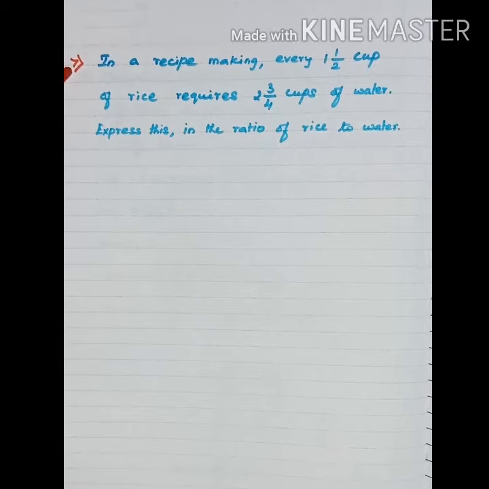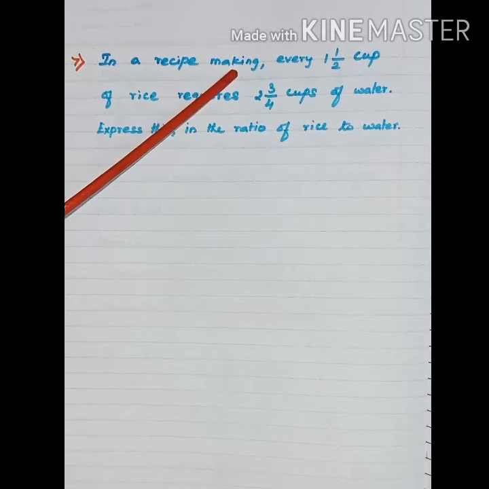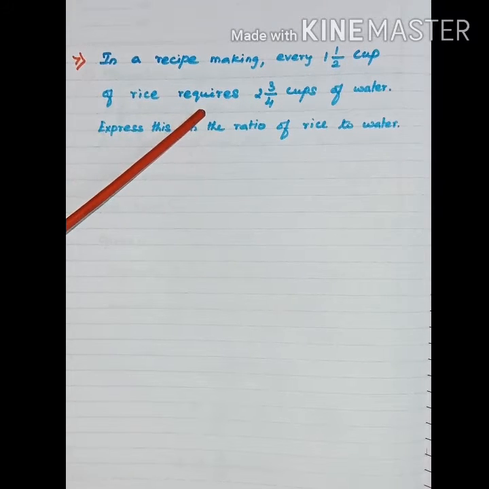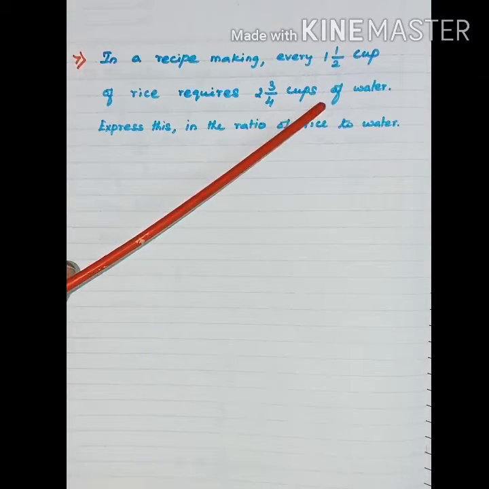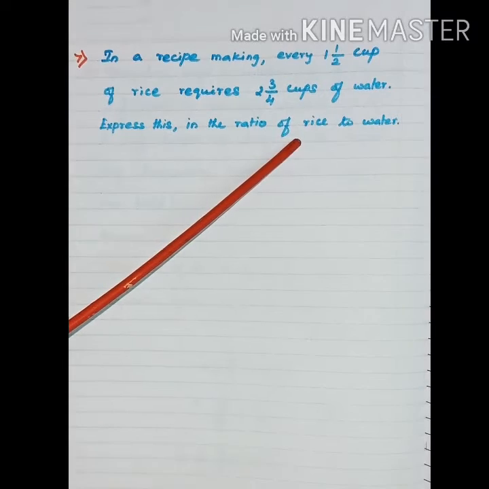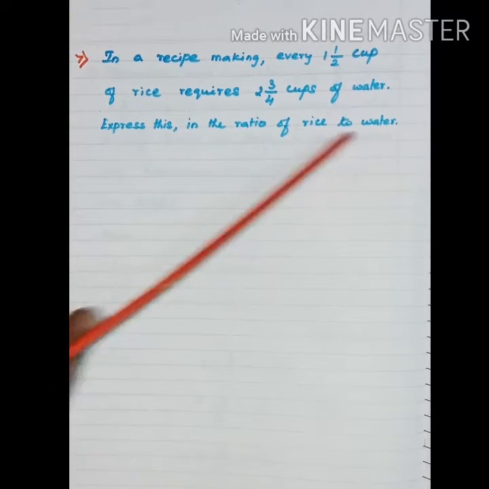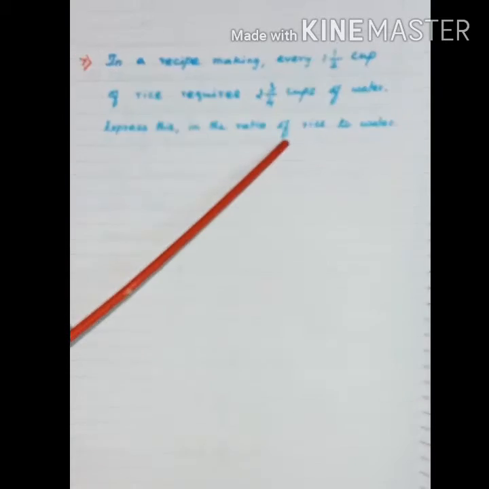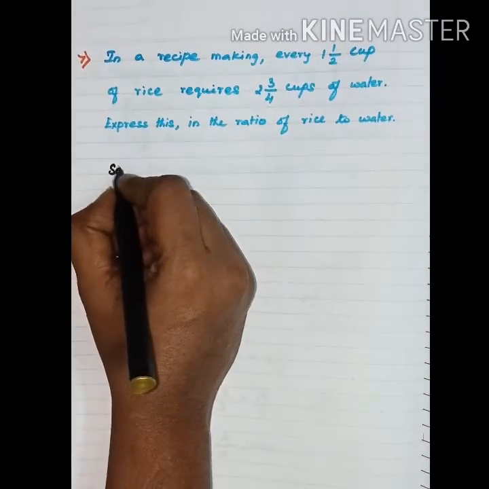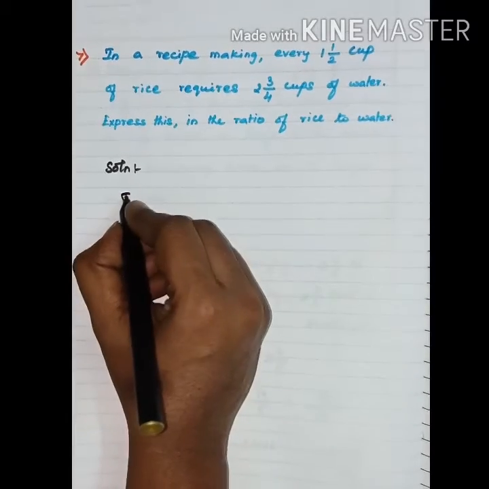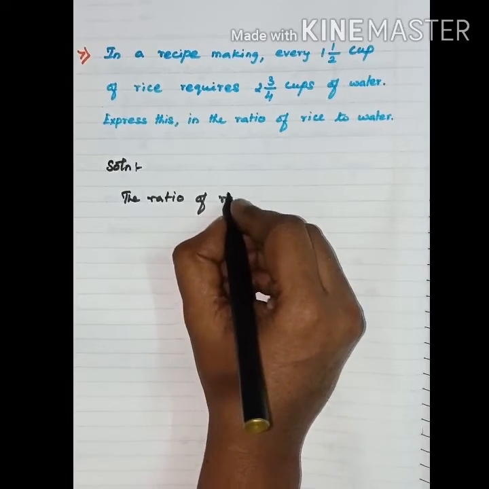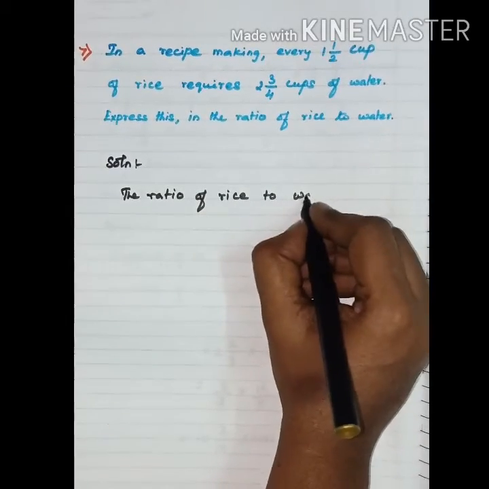Seventh sum is, in a recipe making, every 1/2 cup of rice requires 2 3/4 cups of water. Express this in the ratio of rice to water. We have to find the ratio of rice to water. Solution: the ratio of rice to water.